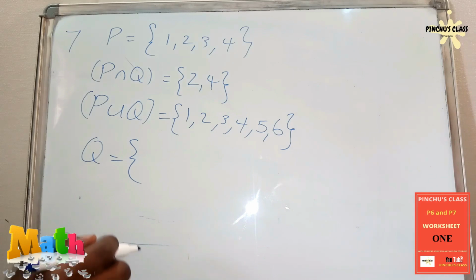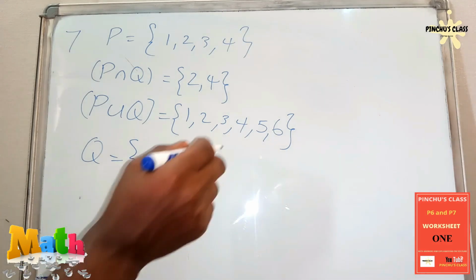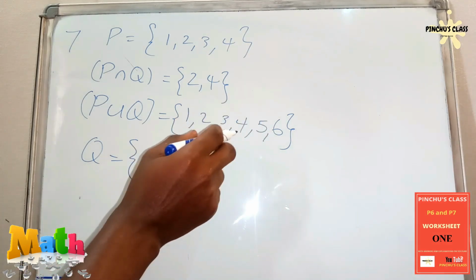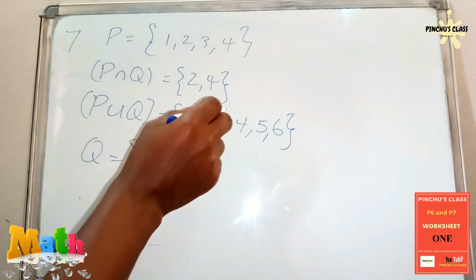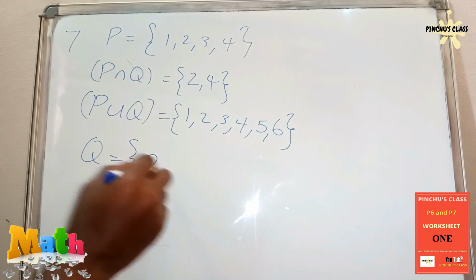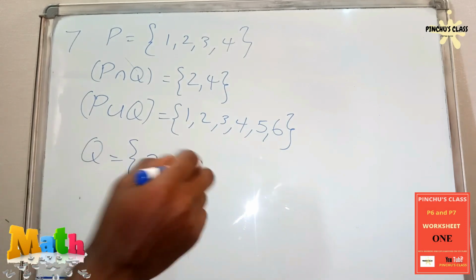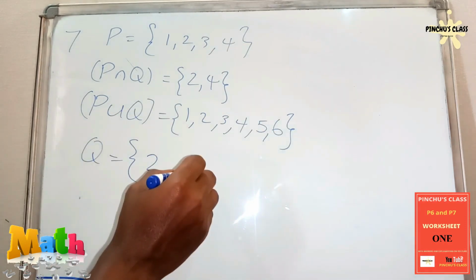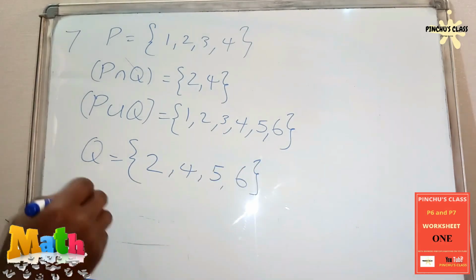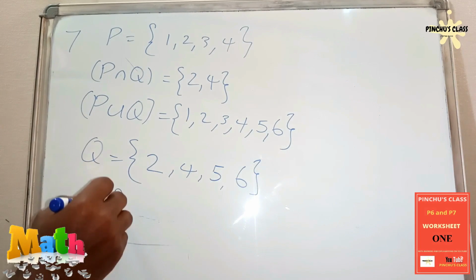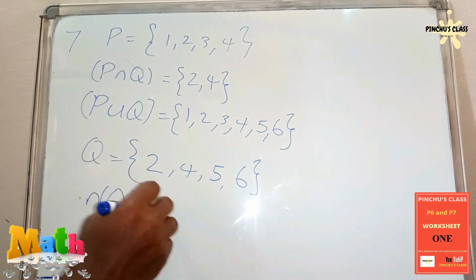We are remaining with 4. So 4 is here and is also there. So these 2 have to be part of Q because they are common. Then which members are remaining? We are remaining with 5 and then 6. So that means n(Q) is going to be 4.